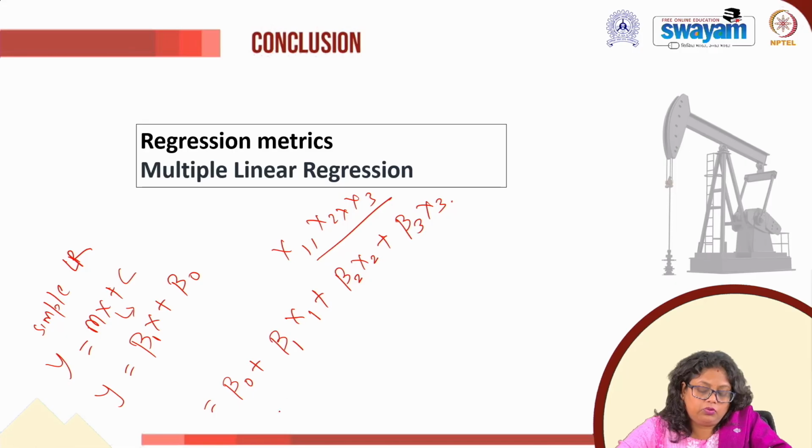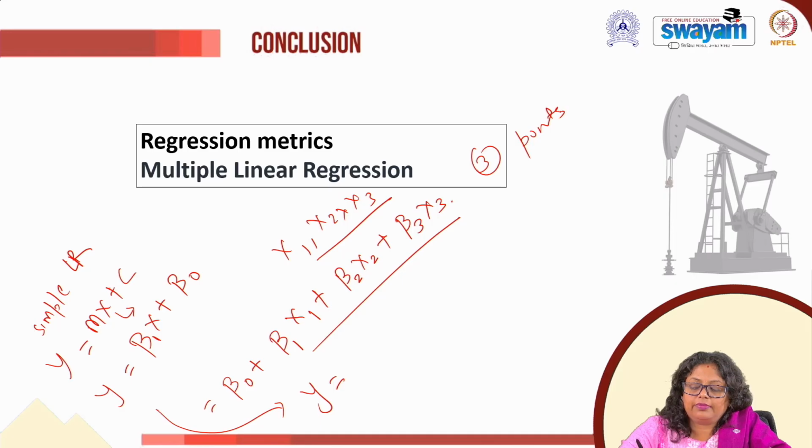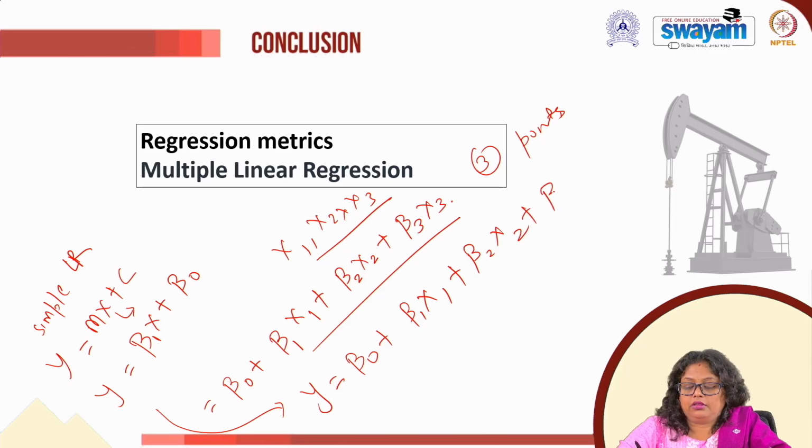So the target is in terms of beta: beta 0 plus the terms for the 3 input features. When we have n features, we will go up to beta n xn.